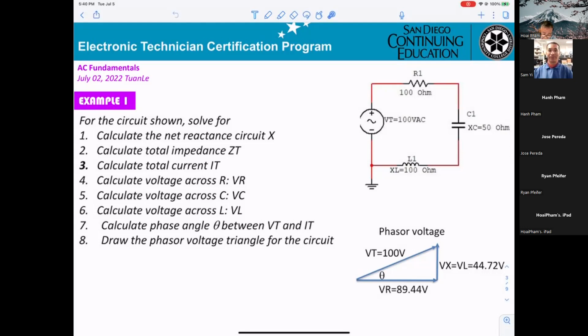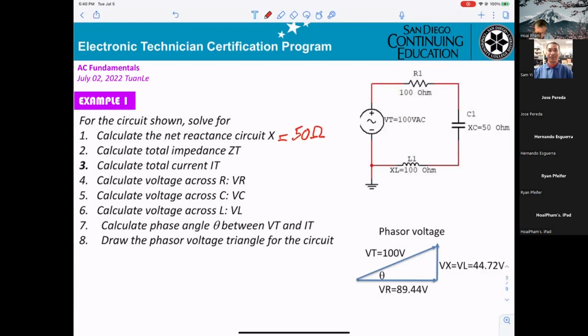What does X equal? Easy, right? XL minus XC. Okay?